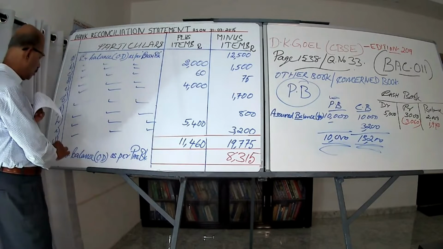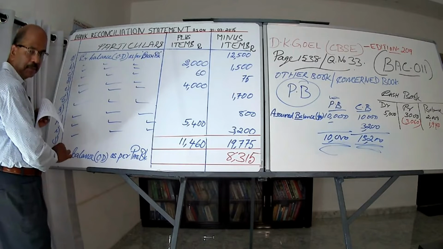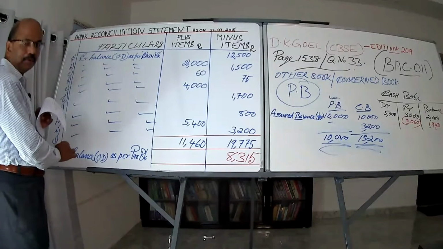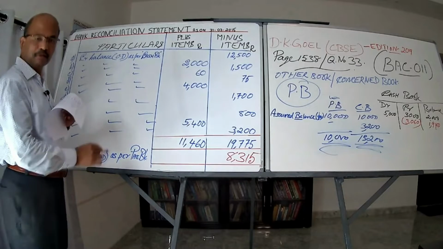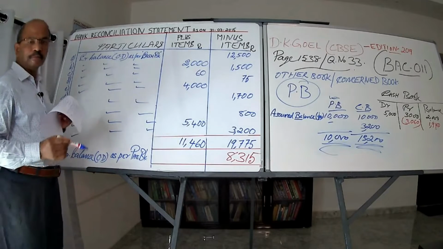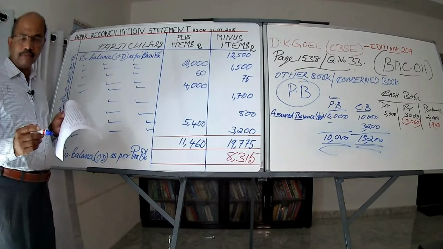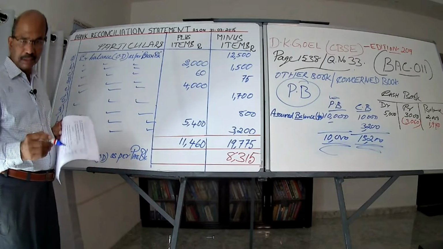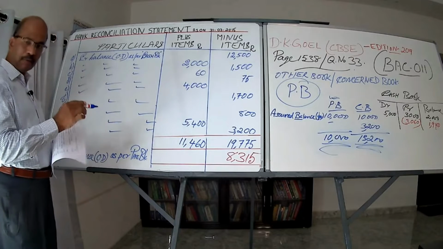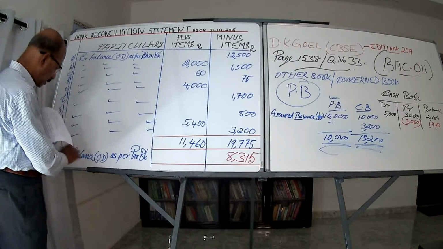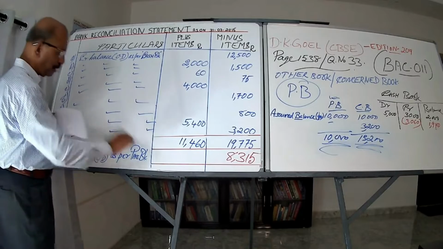But instead of debit, if you show credit, you may lose heavily. So don't make that mistake. Try to be thorough yourself with favorable and unfavorable balance in each book. Otherwise, having decided it as a case of overdraft, just indicate balance overdraft as per passbook.